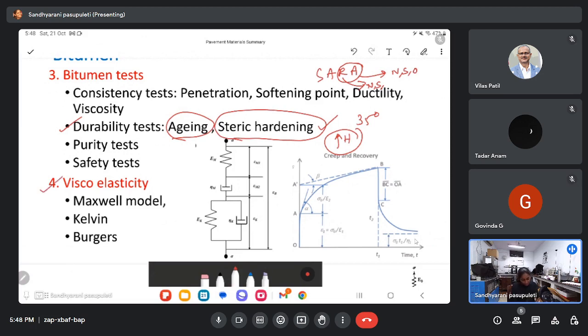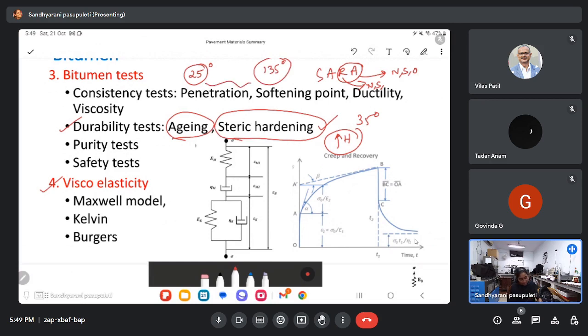Another concept regarding bitumen that we have discussed was viscoelasticity. We know bitumen is not just a viscous material, and not just elastic. It has the properties of both, viscous and elastic, depending on temperature. Let us say at an intermediate temperature of 25 degrees, bitumen may behave as elastic in nature, but at higher temperatures greater than 135 degrees, bitumen will be very fluid and behave like a viscous material.